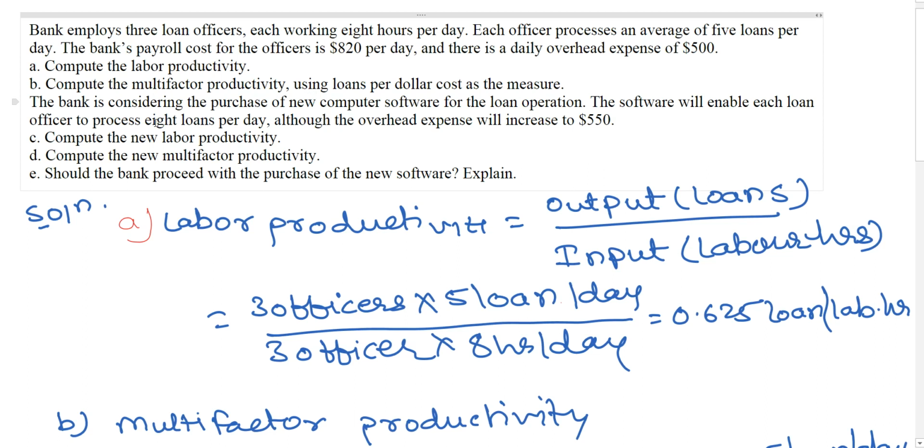So the output is 8 into 3 officers, so 24. And we divide with the input, which is nothing but 3 officers, 8 hours. Okay, so here I try to calculate the new labor productivity quickly.